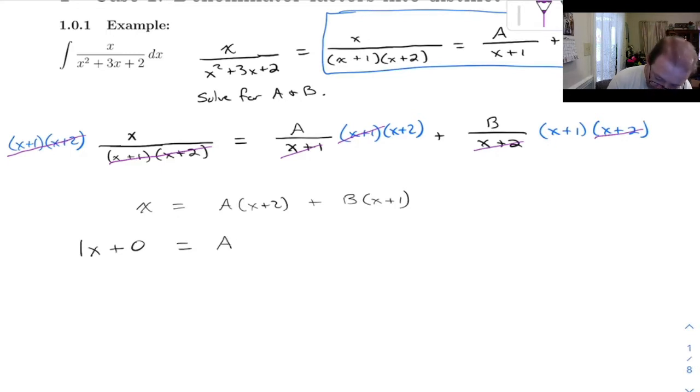So I get ax plus 2a plus bx plus 1b. And so if I sort my x's together, I've got a plus b times x plus 2a plus b.